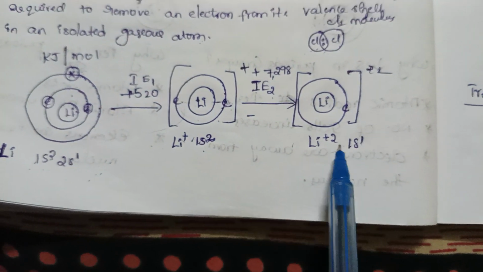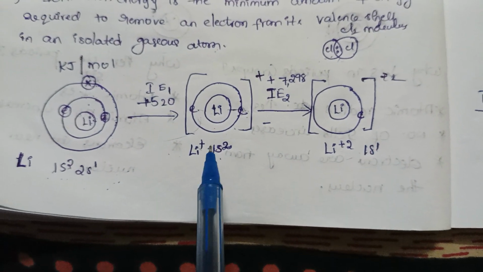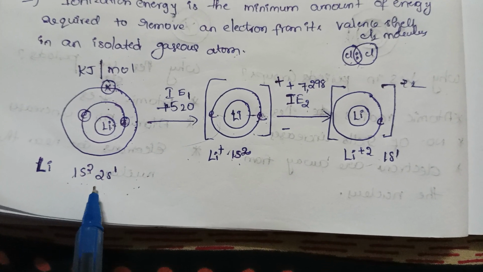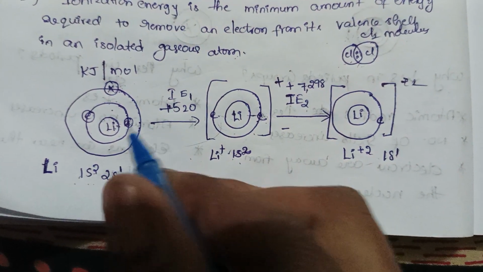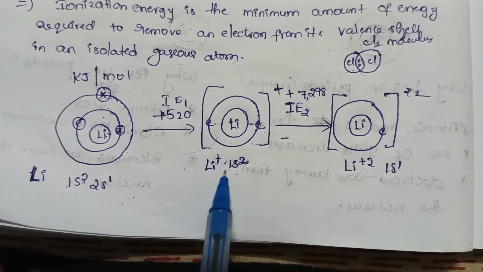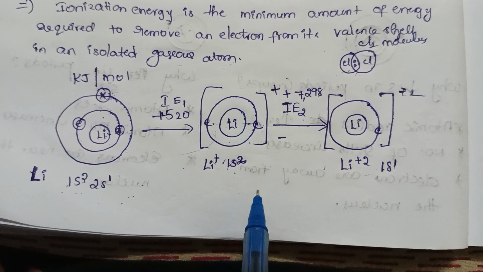Why is second ionization energy greater than first ionization energy? In the neutral atom, the number of protons is 3 and the number of electrons is 3. In first ionization energy, the number of protons is 3 and the number of electrons is 2.